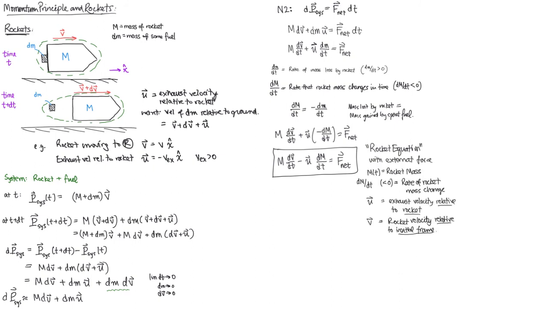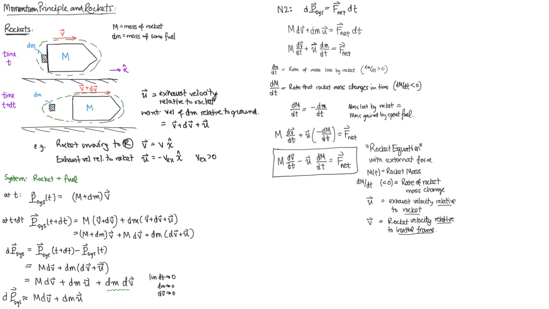Okay, and just to talk through each of these terms, right? Capital M is the mass of the rocket, which is decreasing in time. And it's decreasing in time at a rate dM/dt. dM/dt is less than 0 because the rocket is losing mass. u is the exhaust velocity, in other words, the fuel's exhaust velocity relative to the rocket, not to the ground or to the inertial frame, but relative to the rocket, and the rocket is accelerating.